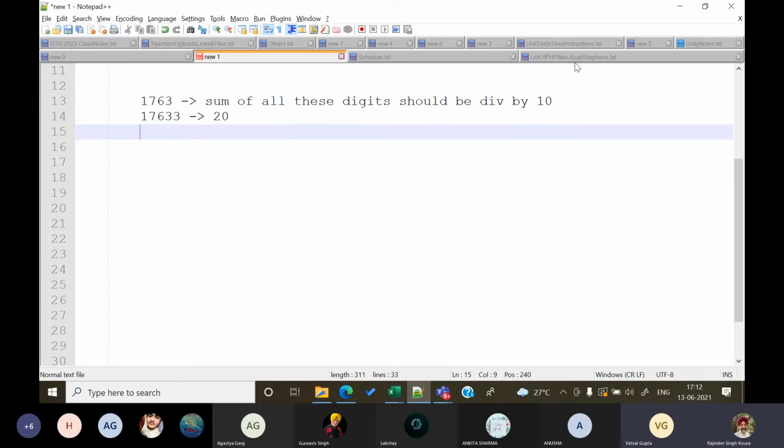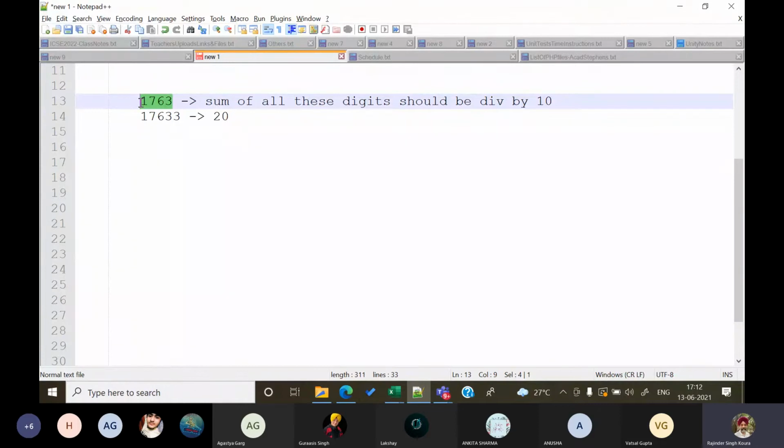Right? Sir, but why are we taking the sum of these digits? I'm just taking an example here, beta. I have 4 digits and I want that the sum of these digits should be divisible by 10. So the sum actually came out to be 17.